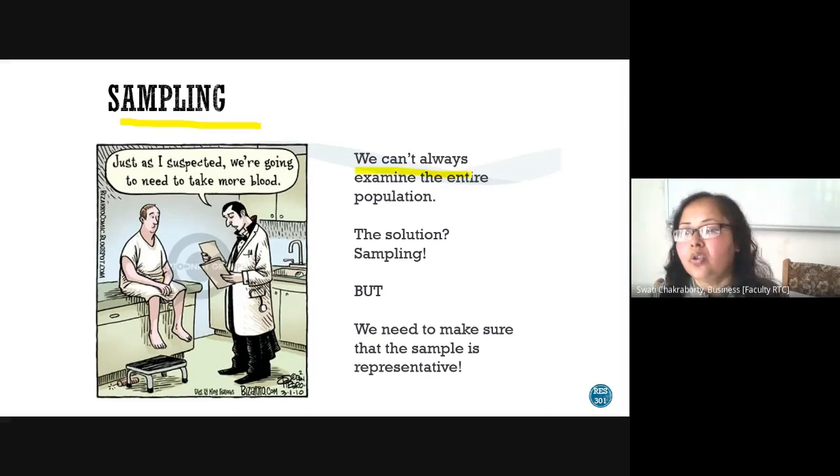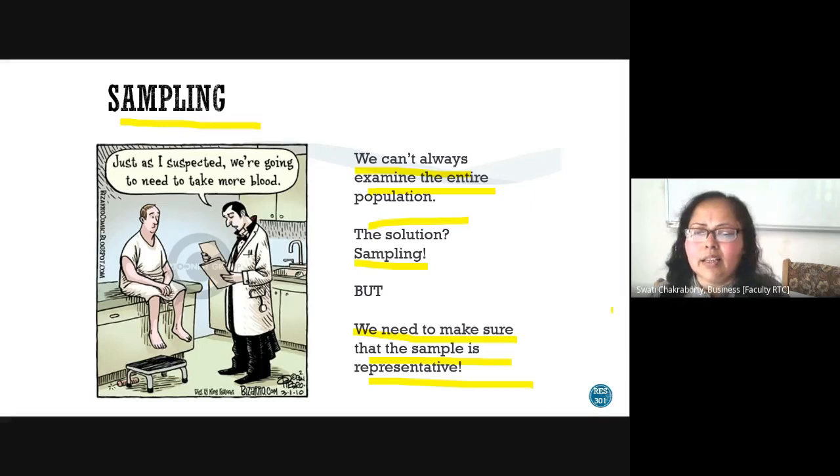We can't always examine the entire population, because it's huge, everyone. So how do we go about it? The solution is sampling, but we need to make sure that the sample is representative. The cartoon applies only to the person, not to the entire population.